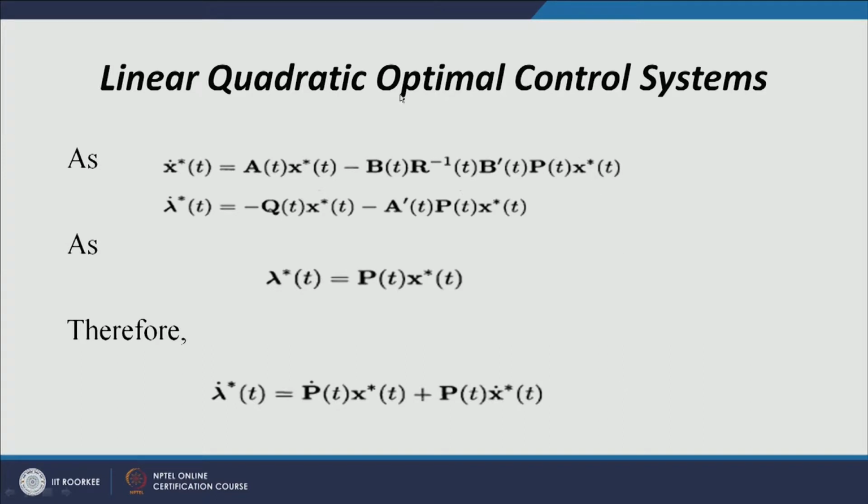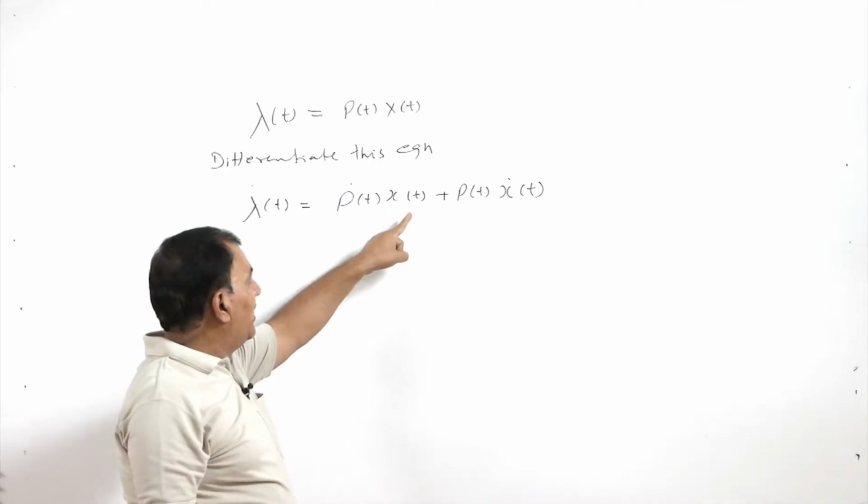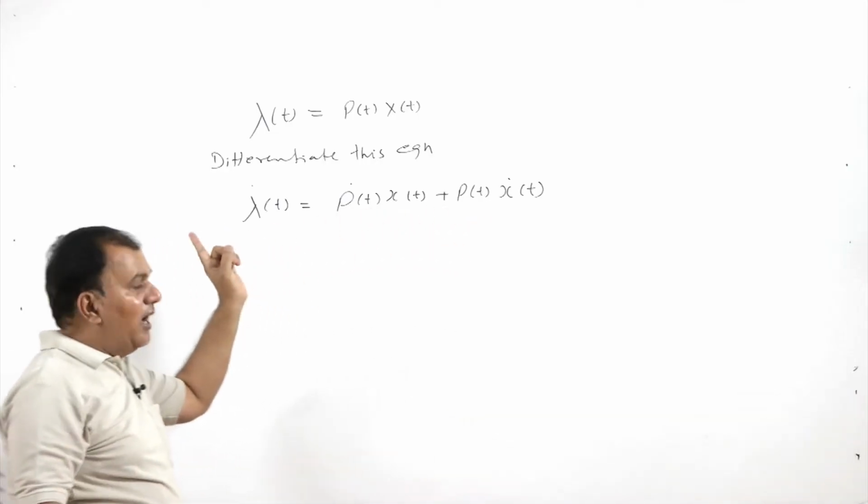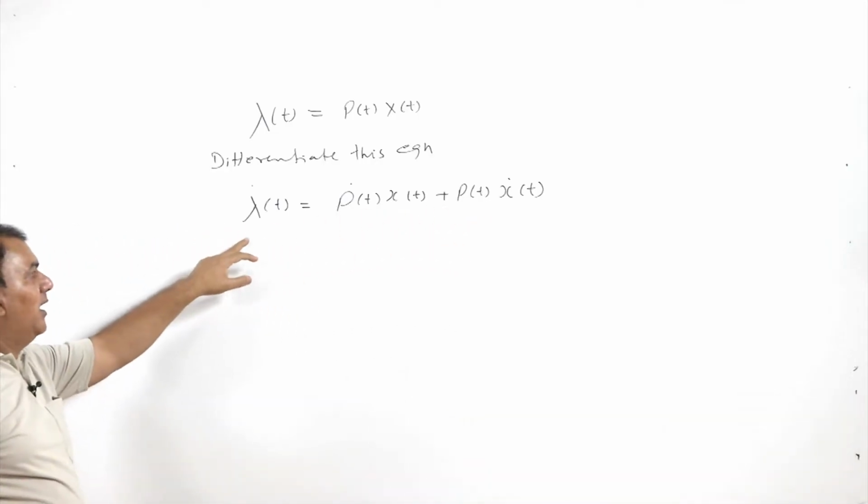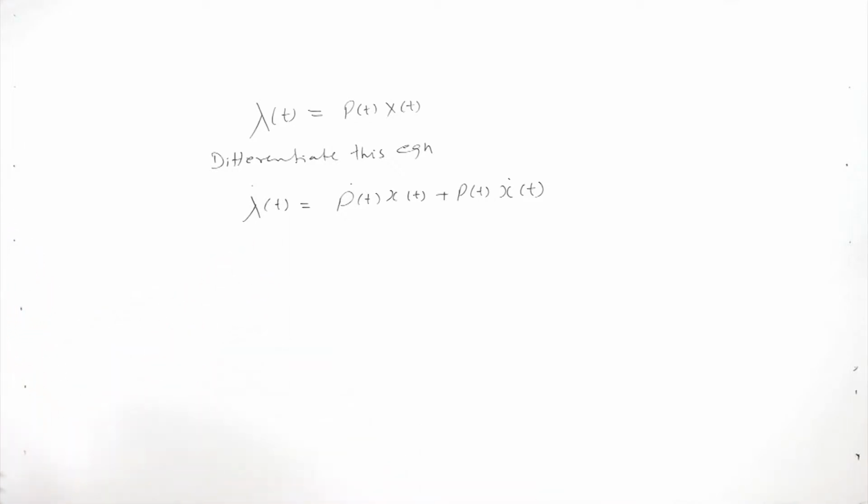With this I am writing these two relations as Ax minus B R inverse B prime P x, and lambda dot as minus Qx minus A prime P x. This means I am representing x dot and lambda dot both in terms of x. Now, in lambda dot t equal to P dot x plus P x dot, I am substituting the values of lambda dot and x dot.